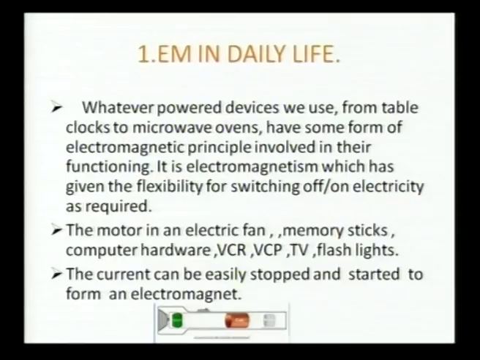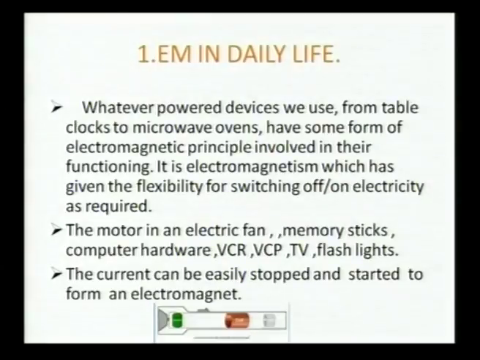Friends, just now we saw how electromagnetism is employed in bullet trains. Let us understand it in another field. Friends, electromagnetism is employed in daily life.